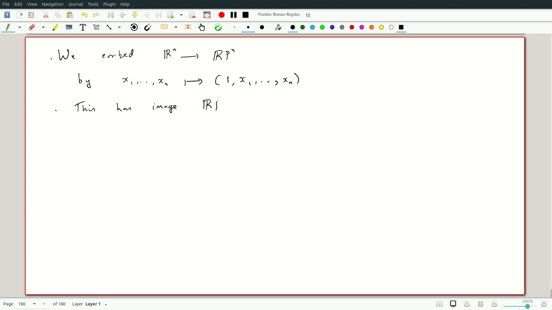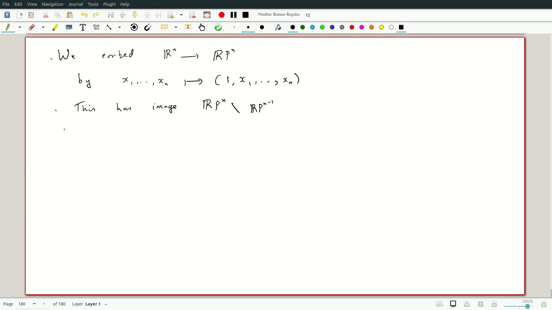Well, we can identify it naturally with RPn-1, one dimension lower, because the points that are not in the image are those with 0. If we just drop that 0 coordinate, we have this kind of identification.